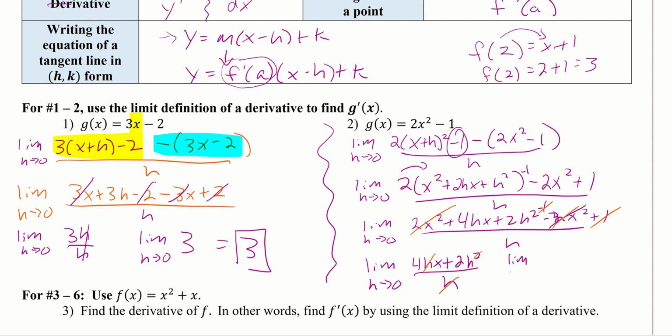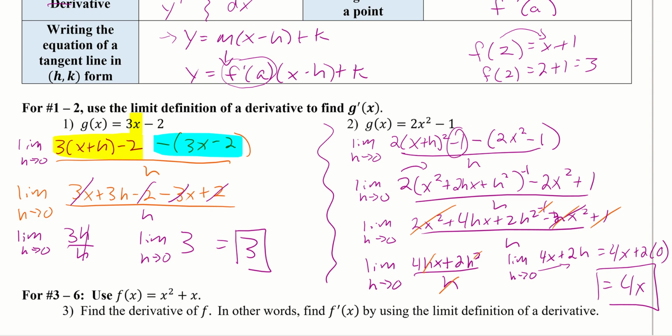So I have the limit as h approaches 0, and then we've got 4x plus 2h. Now our very last step is we're going to actually take the limit. So we're going to plug in h equals 0. And so I'm going to end up with 4x plus 2 times 0, and so I'm going to end up with 4x.